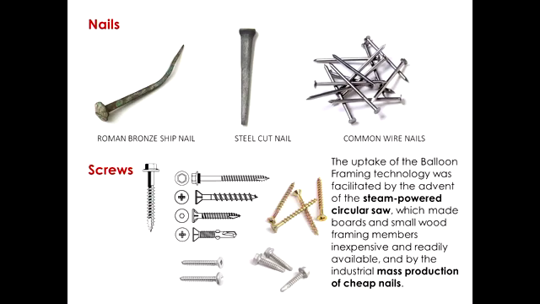And screws, which are even better because you can place a screw and also remove it without damaging the timber product. And that wouldn't happen with nails. So the two inventions, nails and circular saw, defined the so-called light framing construction.